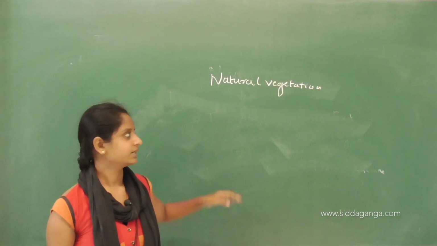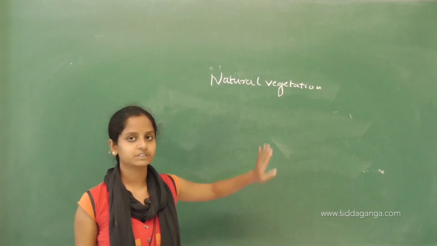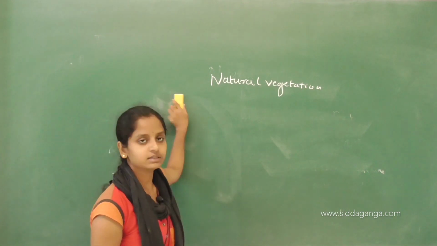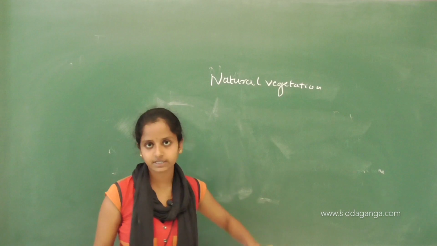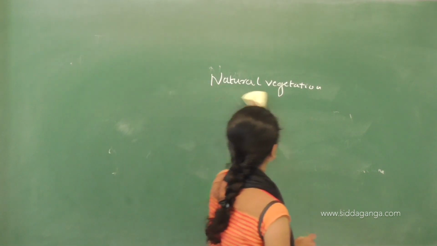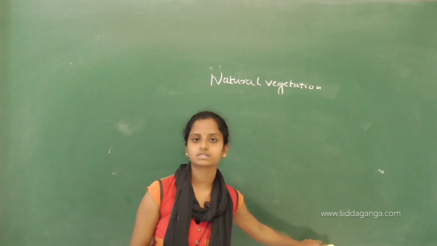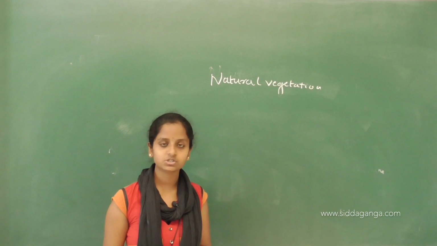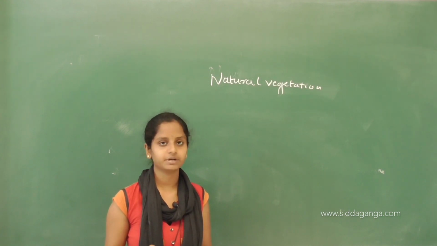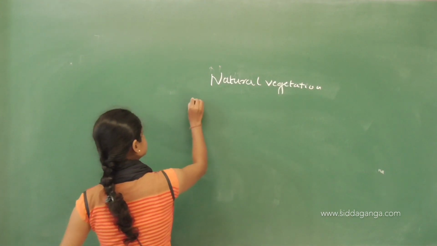In the previous class we studied the other topics: we have seen the tropical rainforest, the tropical deciduous forest, and also the temperate evergreen forest. Now we are going to see the temperate deciduous forest.